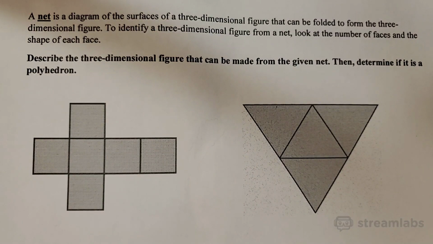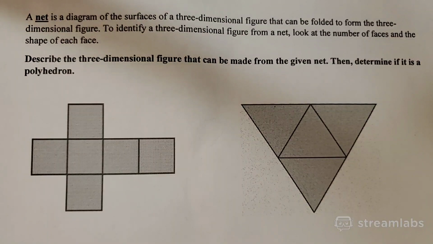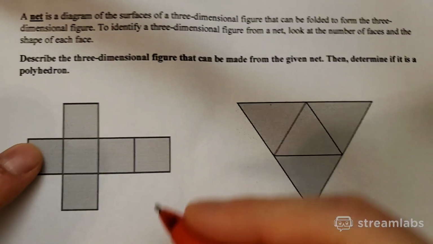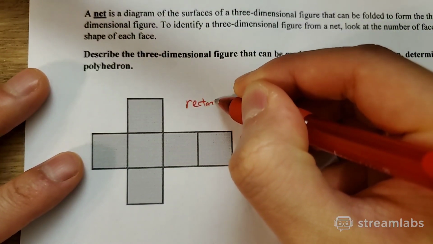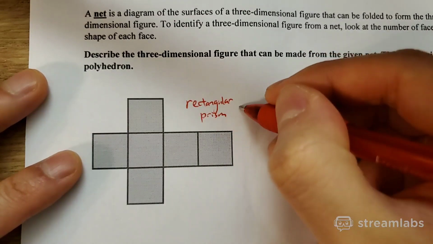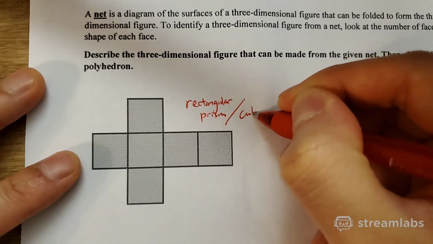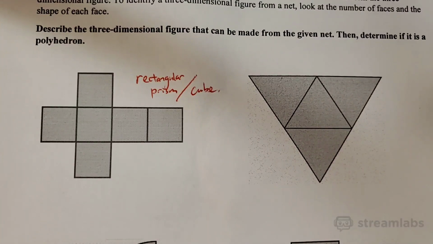If you expand a box, like when you're younger, when you're trying to make a box, don't you make something like this and then cut it out, then fold it, right? So that's a net for a cube, or we call it a rectangular prism in this case. Or you can just call it a cube. Really good old days. I mean, you might have time to do it now. Just make a bunch of boxes.